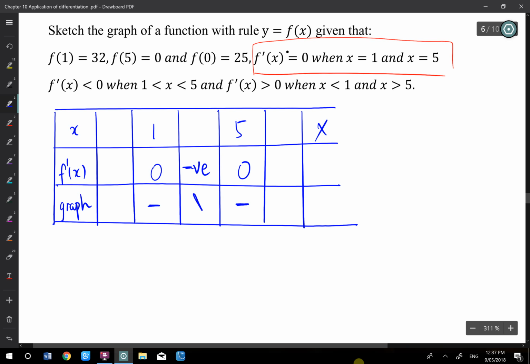So I have a decreasing function here. f dash x greater than 0 when x is less than 1, I have positive gradient here. And x greater than 5, positive gradient again. I don't need this column. So I have increasing and increasing.